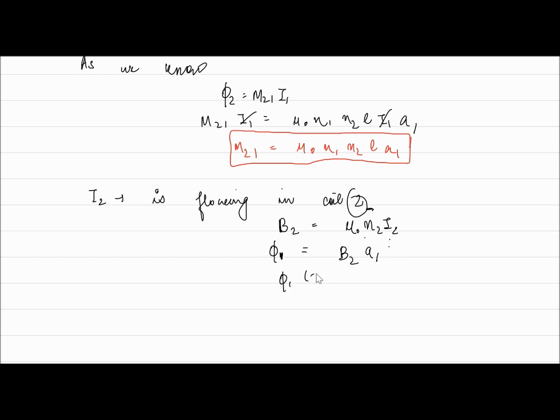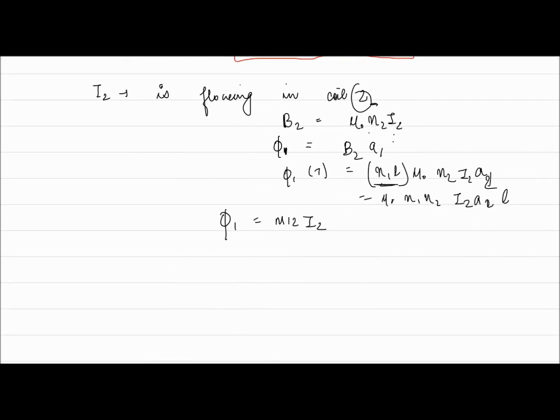So we get the total flux as N1 L, that is for coil 1, times B2, mu naught N2 I2, into A. So we get a similar answer here, mu naught N1 N2 I2 A L. And we also know phi 1 will be equal to M12 I2.